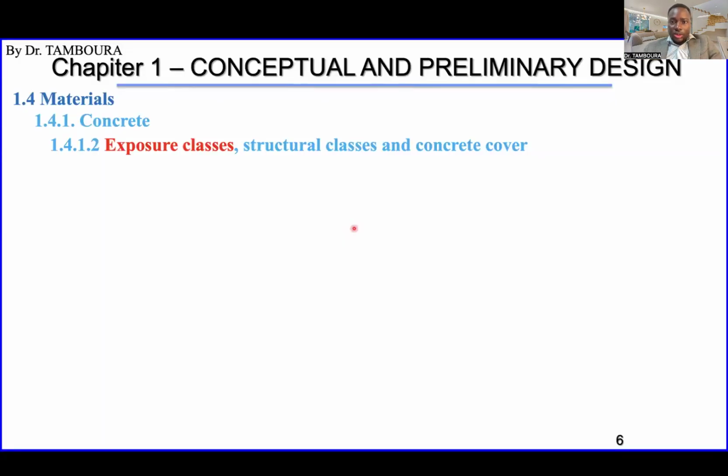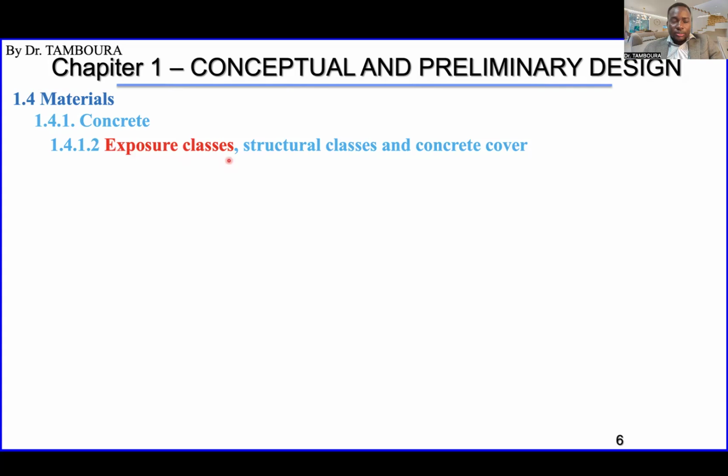If you didn't follow the previous video, I recommend you watch it first before continuing with this one, because they are related. Last time we talked about these exposure classes.